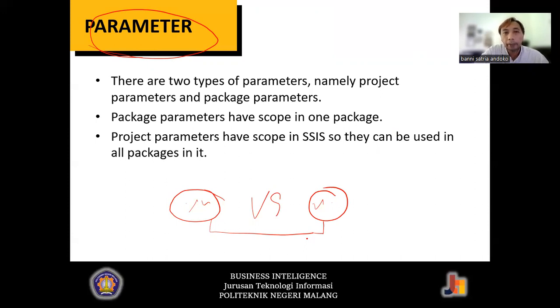So basically, a parameter is used inside a programming language to allow a package to use a value that is coming from outside the package. Let's say you have a package called A. Everything will be written inside that package.